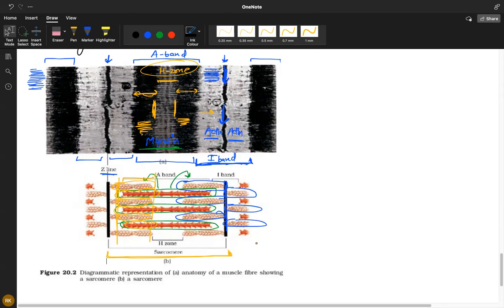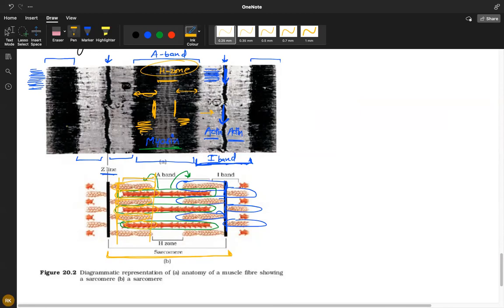This part is clear, everyone? Very good. So you have to read this part from NCERT where the same thing is written and read it in detail. Know about all the zones.